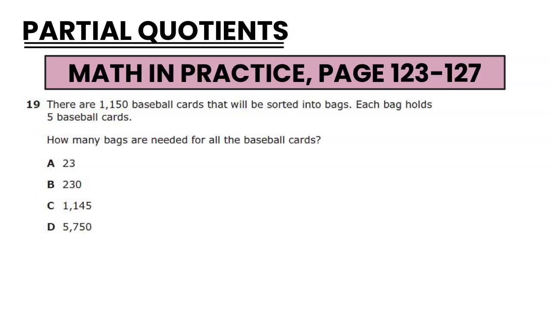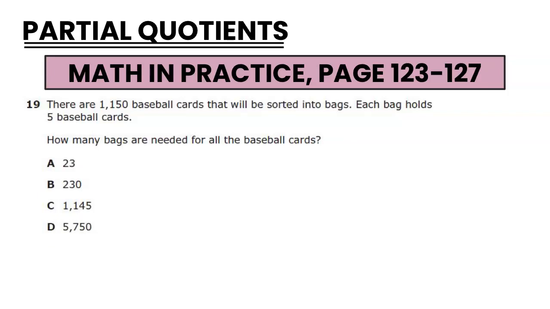In some ways, you can use that as a way of eliminating some obviously wrong answers. Because this is a division problem, there's no way the answer could be C or D in this particular case.